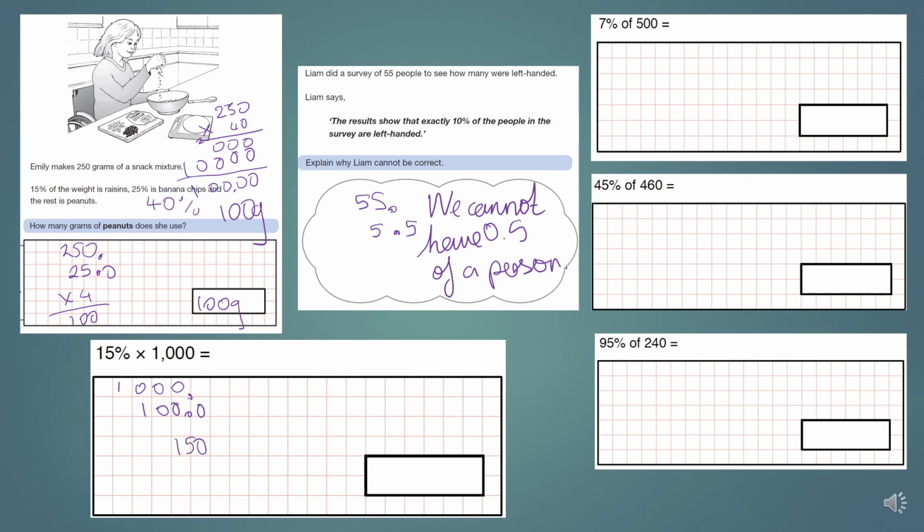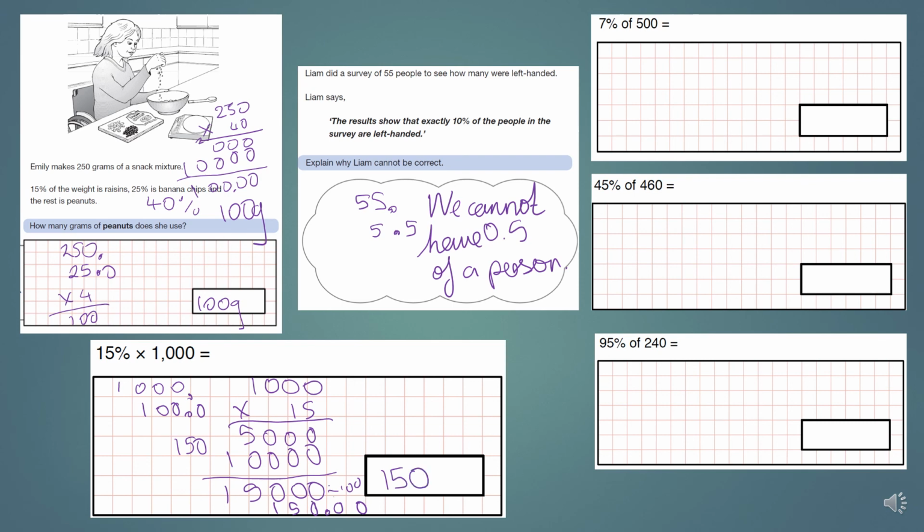Or you could do it the normal way, and everything would move, we would divide this by 100, everything would move 2 spaces to the right. So your answer is 150.